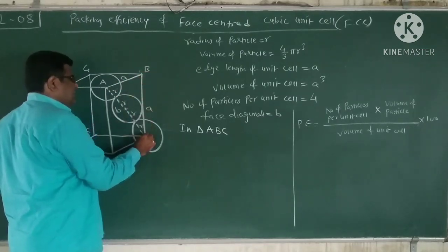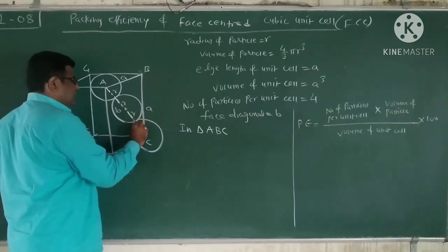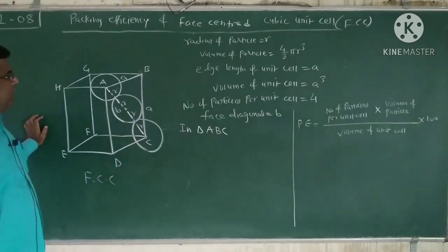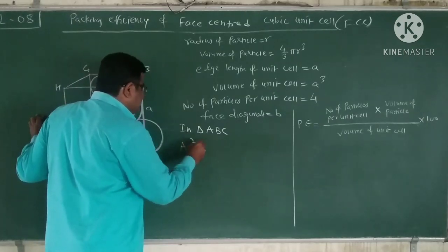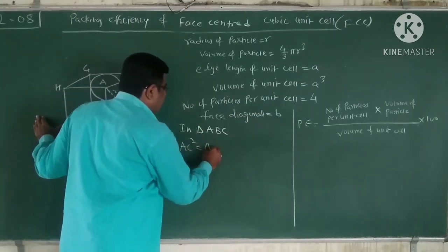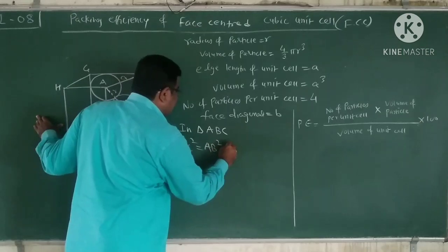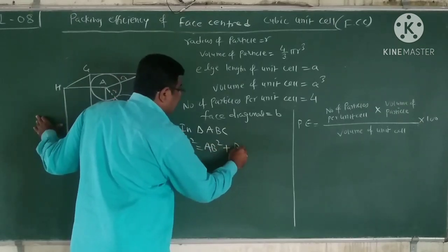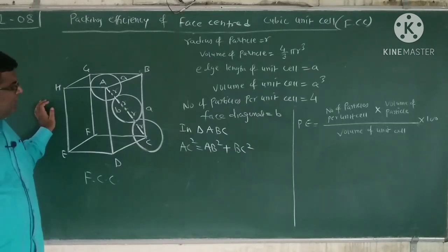In triangle ABC, we can use the Pythagoras theorem and we can write AC square is equal to AB square plus BC square. Yes, Pythagoras theorem we are using here.